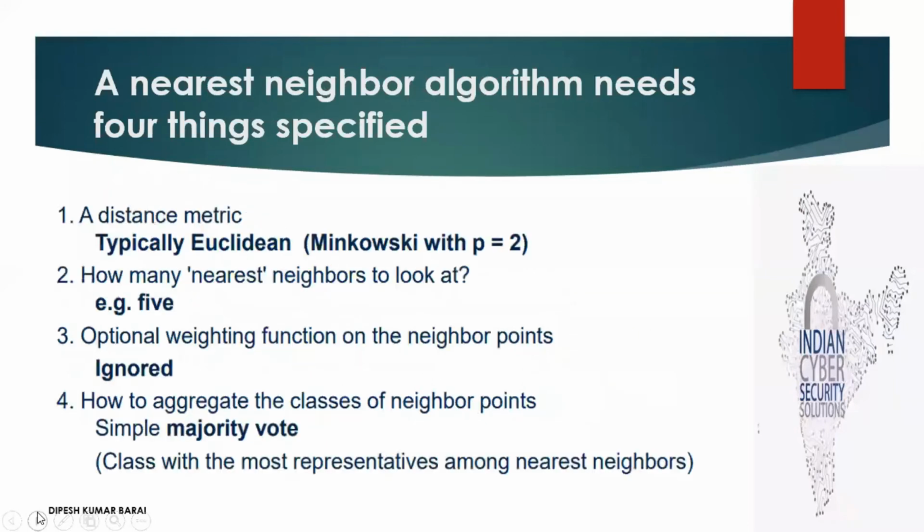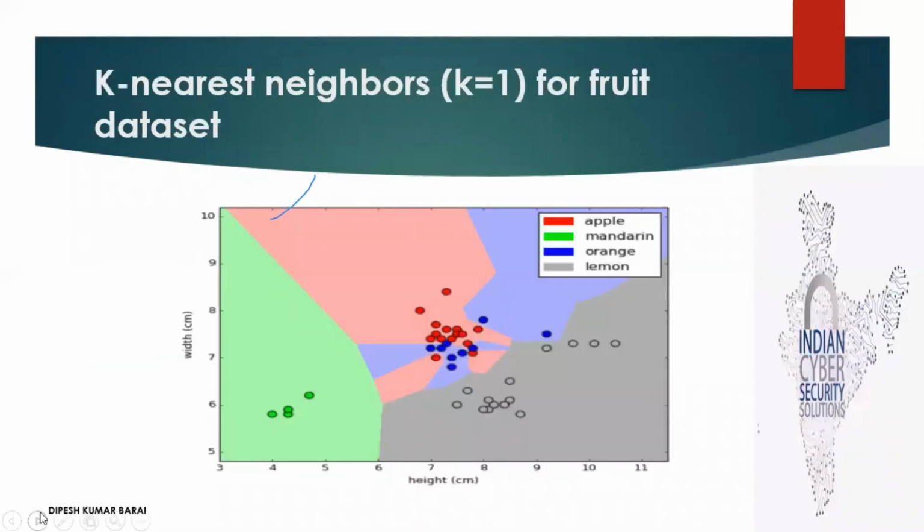Okay, so we'll typically take the Euclidean distance, but Minkowski was there too, and we can see that most of the good accuracy comes if we take the k value as 5. And here we'll ignore the weighting function and we'll take the classes by the majority vote. Okay, that I have already told you.